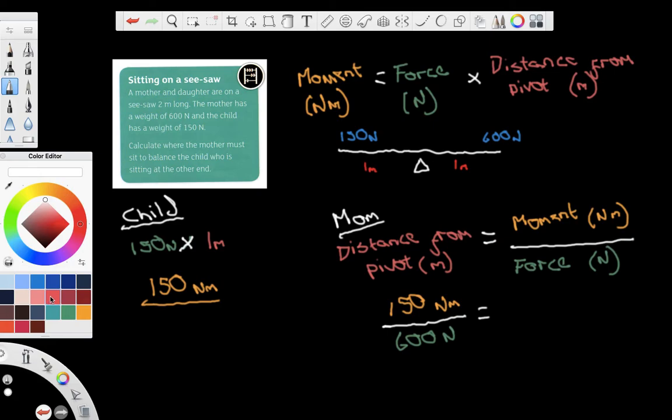So she must be 0.25 meters from the pivot point. So the mom must be about here to balance the daughter who's sitting on the other end. If you're not sure about that, reverse the video and have a watch again.